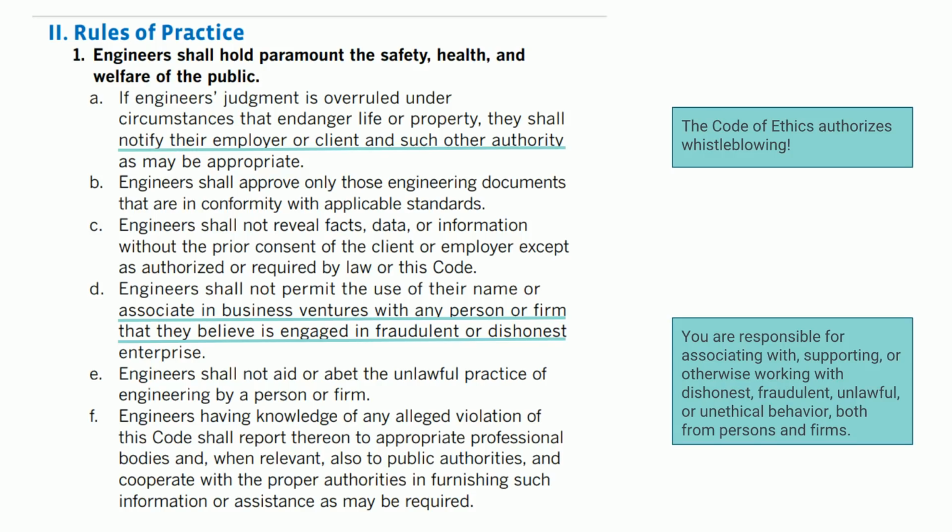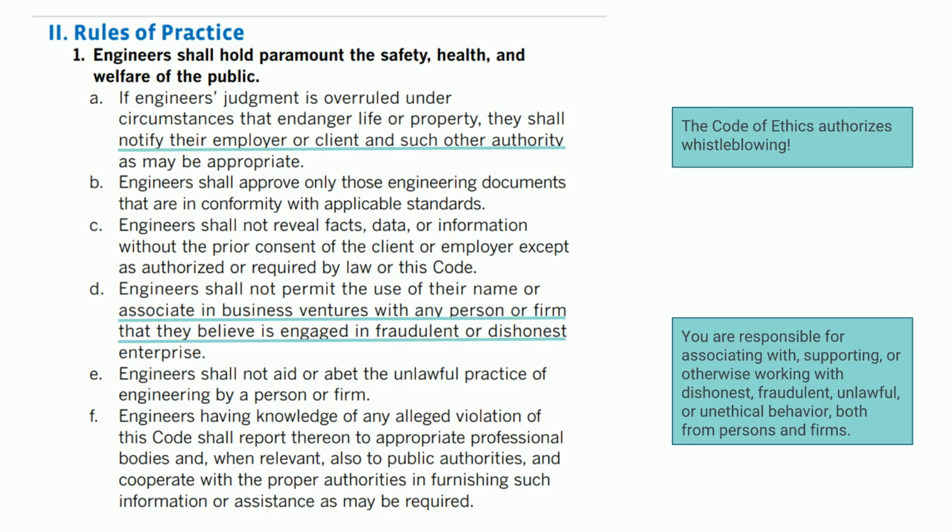So imagine that you have a friend in an engineering firm, and you know that firm is doing something illegal, dumping chemical waste in the river or whatever. So you know they're doing something wrong, maybe harmful to public health and safety. And maybe your firm is engaged in a business venture with this other firm.